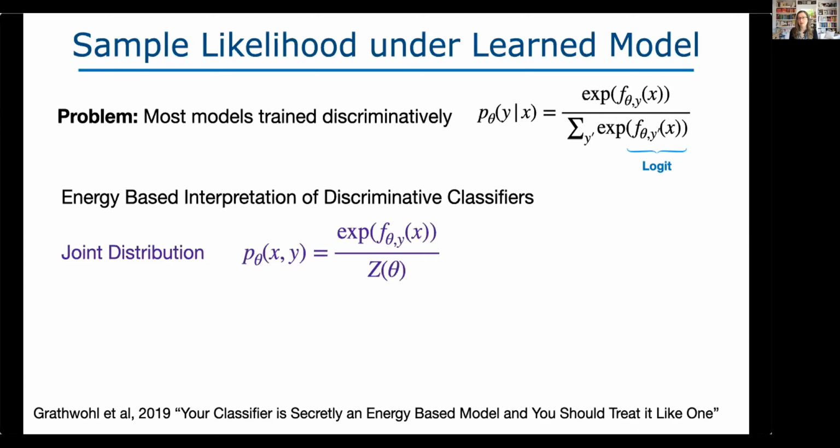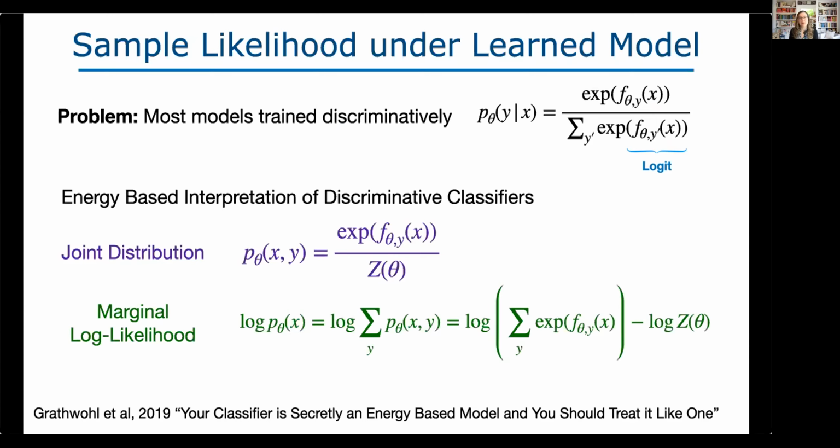They did very simple Bayes rules and probabilistic interpretations in order to create a model that gave you an energy-based interpretation. So here we have a standard joint distribution, the joint distribution being over the input and the output. And the marginal log likelihood would be written like this.